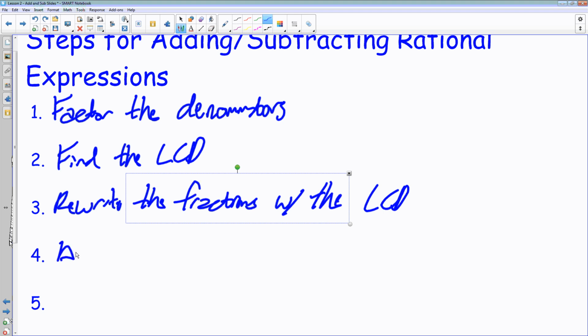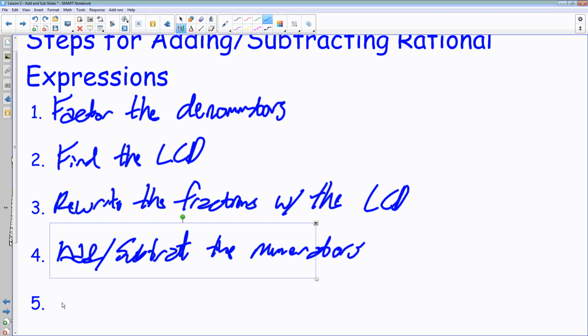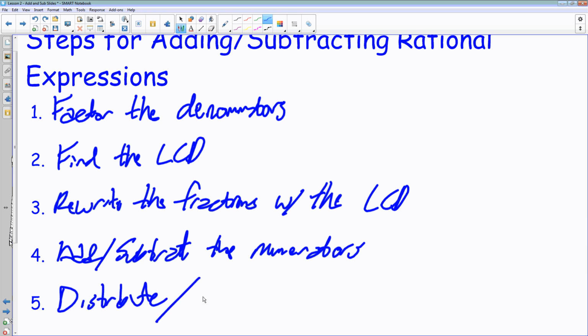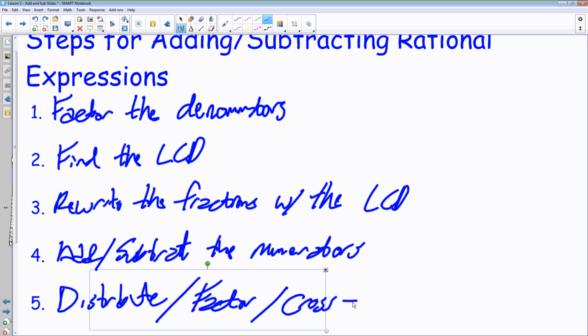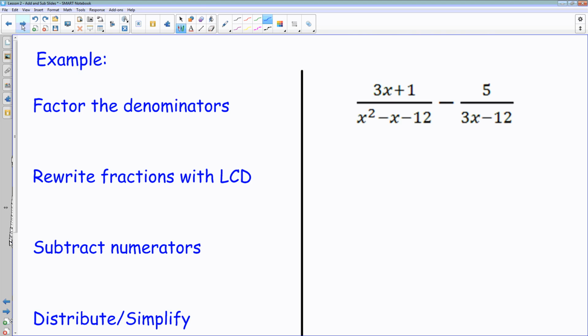You're going to add and subtract, or subtract I should say, the numerators. Remember, we are keeping our denominators. And then we'll distribute. We might have to factor, we might have to cross out, we might have to just combine like terms, right? There's lots that goes on here in this last bit. Our goal is to make it as simple as possible.